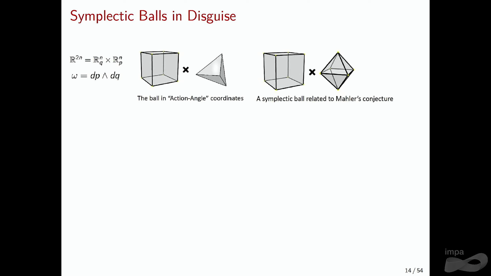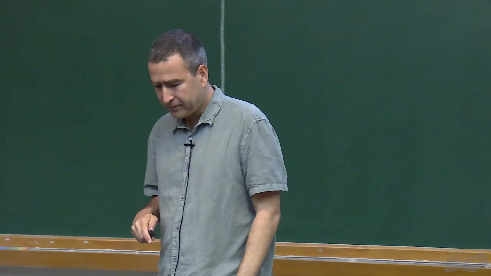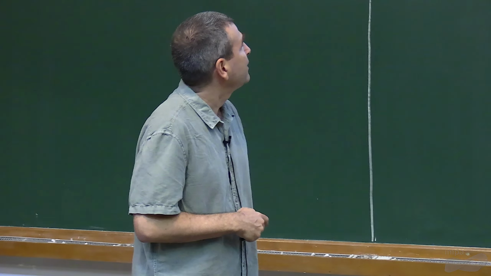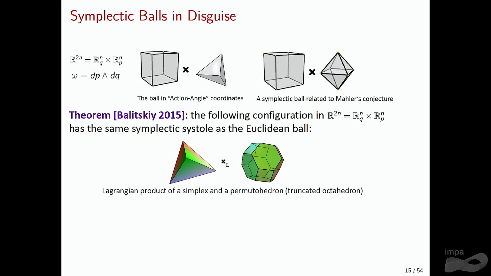For a long time, these were essentially the only two examples we knew of symplectic balls in disguise. Of course, there are some linear symplectic transformations that one can apply, but in a sense these were the only two examples. Then, I think in 2015, Alexey Balitskiy, who is here, proved a beautiful result.